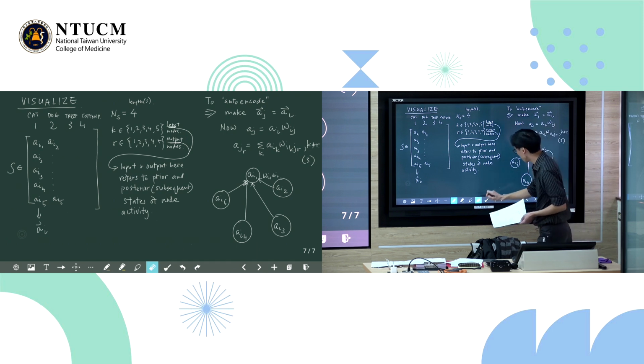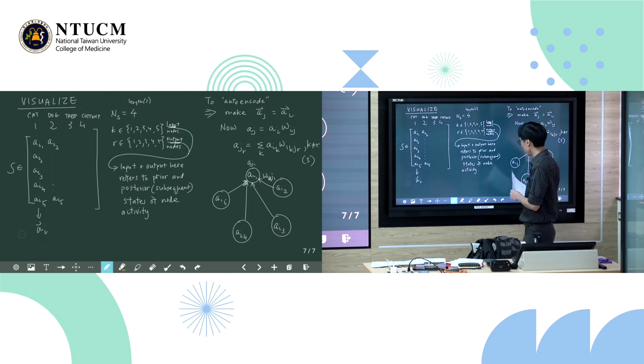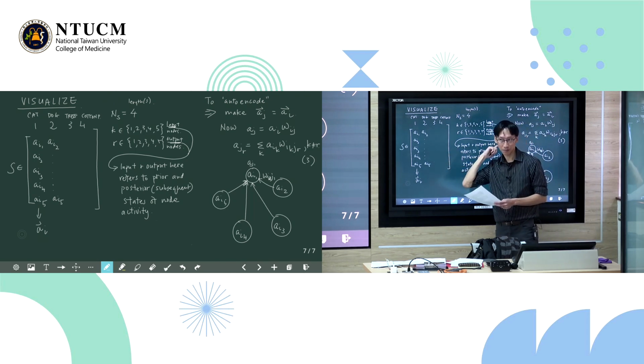No, I shouldn't put it. It itself is J, okay? But it's receiving input from the second node to itself, okay?